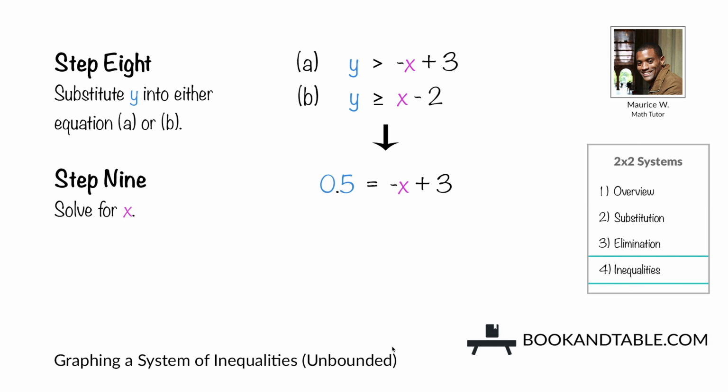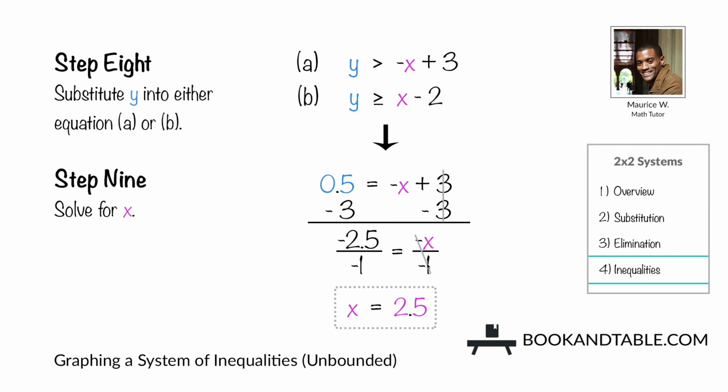So if you plug it into equation A here, you'll get 0.5, 1/2, is equal to negative x plus 3. And now you'll subtract 3 from both sides. 1/2 minus 3 would give you negative 2.5 is equal to negative x. You'll divide both sides by negative 1, leaving you with x is equal to negative 2.5 divided by negative 1, which is positive 2.5.